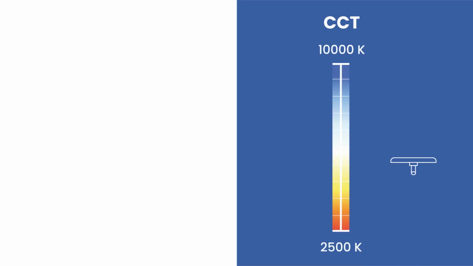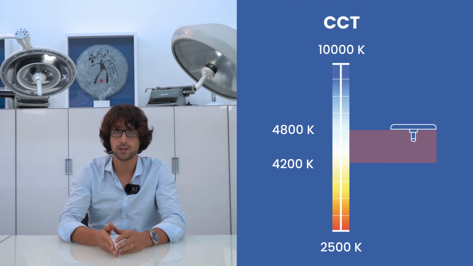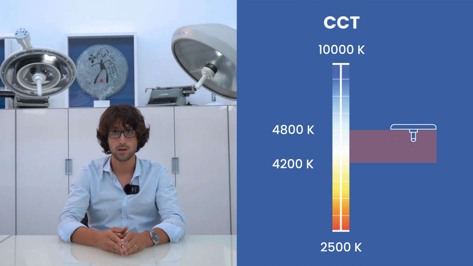Manufacturers of surgical lamps, being able today to exploit the peculiarities of LED technology, can offer products with an adjustable color temperature. To ensure a quality light, it is essential to adjust within the recognized optimal range of 4200 Kelvin to 4800 degrees Kelvin. This precise adjustment guarantees the desired outcome and maximizes the effectiveness of the lighting.